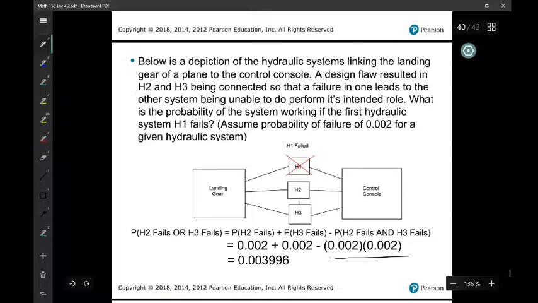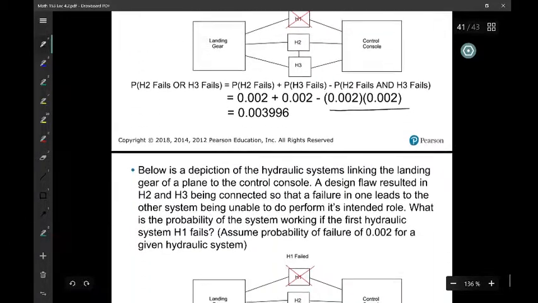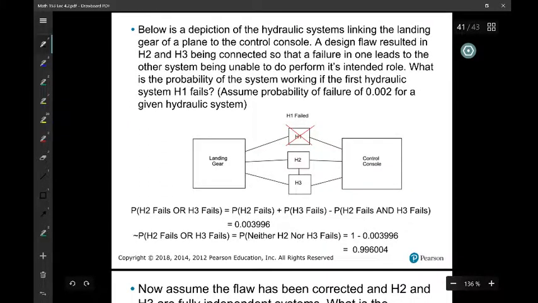So that's the multiplication rule we use to find the probability of both of them failing, and then we add up the probability of each of them failing, and then subtract out the probability of both of them failing. That gives us this number here, 0.003996. So then the complement, the opposite of one or both of them failing, would be that neither H2 nor H3 fails.